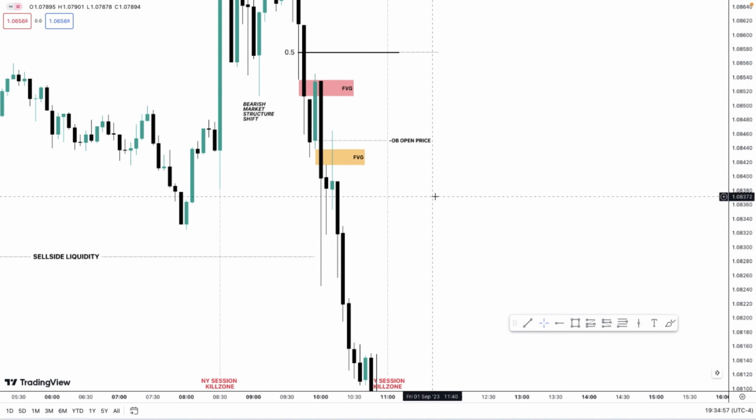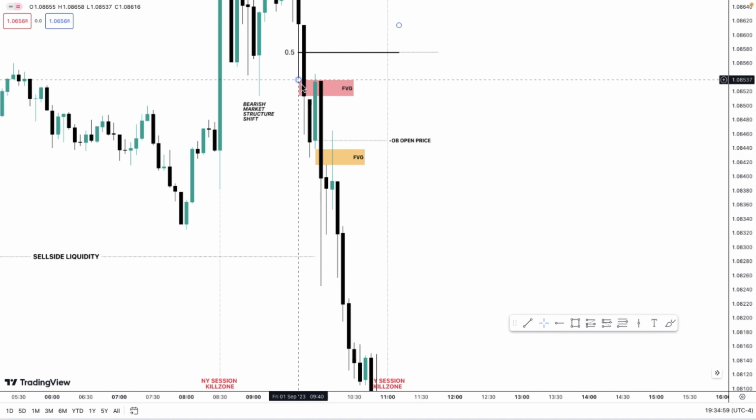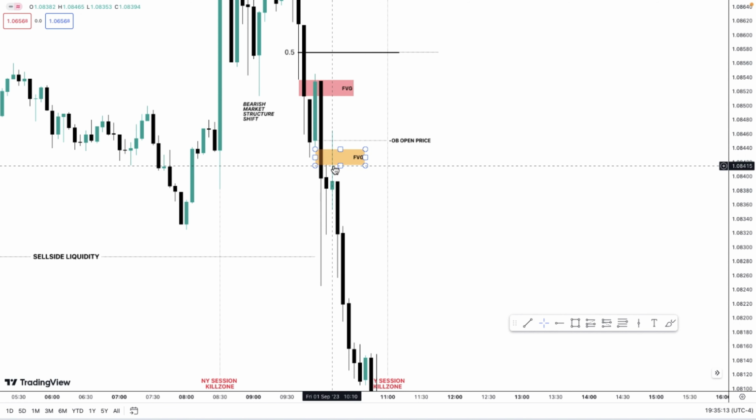Because even after the price trades to this fair value gap, let's say you missed that, or you were too scared to sell that. Price breaks lower, creates another fair value gap in price. Very next candle, it trades to the fair value gap. Right there, you can sell that. So let's say you missed the first entry, you could sell this entry.